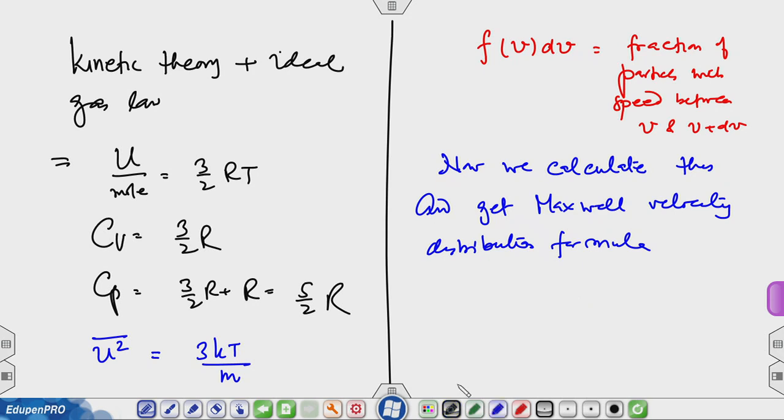So for this, these molecules are moving all around in x direction, y direction, z direction, and it's isotropic.